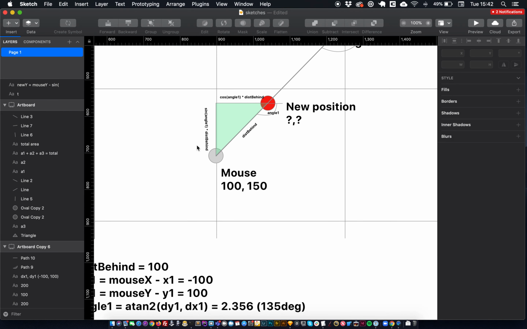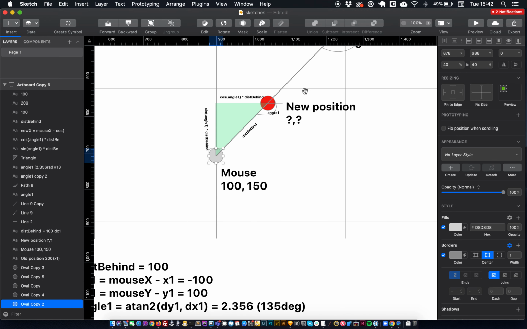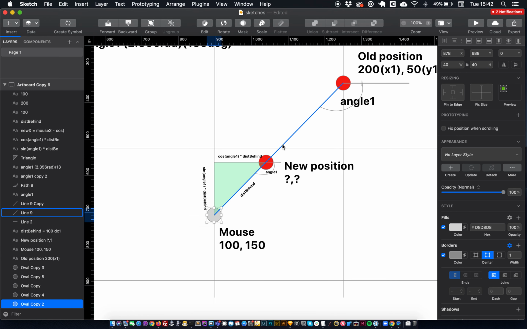Okay, so that's what we're doing on every draw function, and I guess what happens is that with this mouse position, all we've done is move it directly in one line down, so that's why this angle is the same. If you have moved up here, you will get an angle from the mouse to the old position that is slightly different, so you will then draw the follower coming in at a different angle.